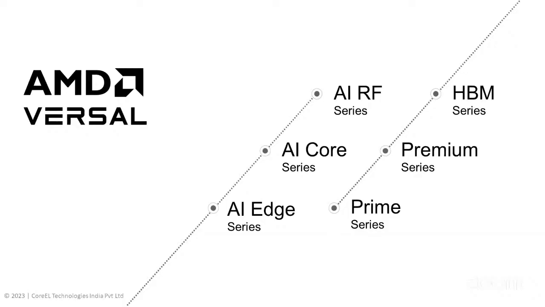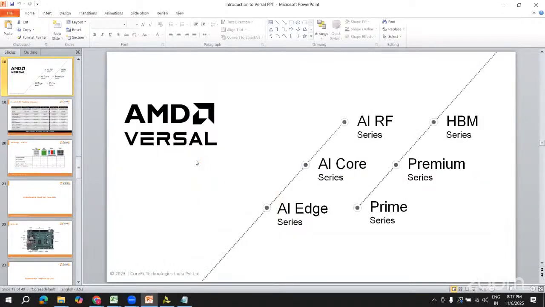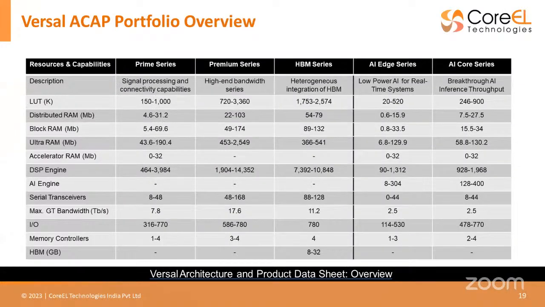Let me continue this a little further. Similar to what we have seen in the 7 series architecture, we're going to see a lot better performance when it comes to our Versal architectures.